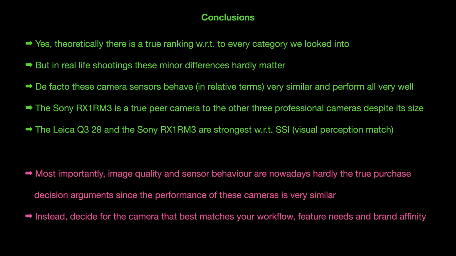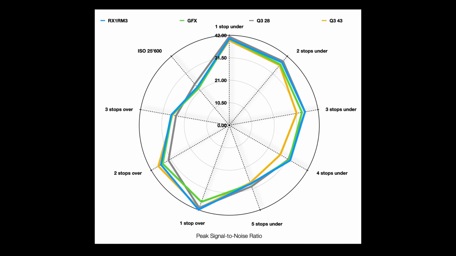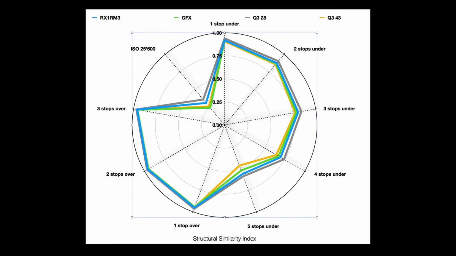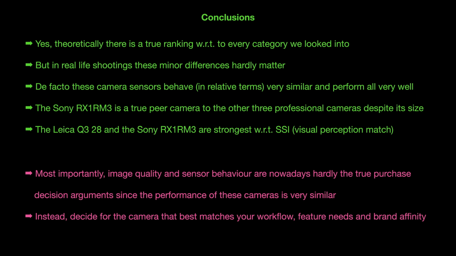But in real life shootings, these minor differences hardly matter. Look at the peak signal to noise ratio, look at the structural similarity index, very consistent behavior of all 4 cameras. And these camera sensors behave in relative terms very, very similar and perform all very well, in particular if you compare them with cameras from about 3, 4, 5 years back.